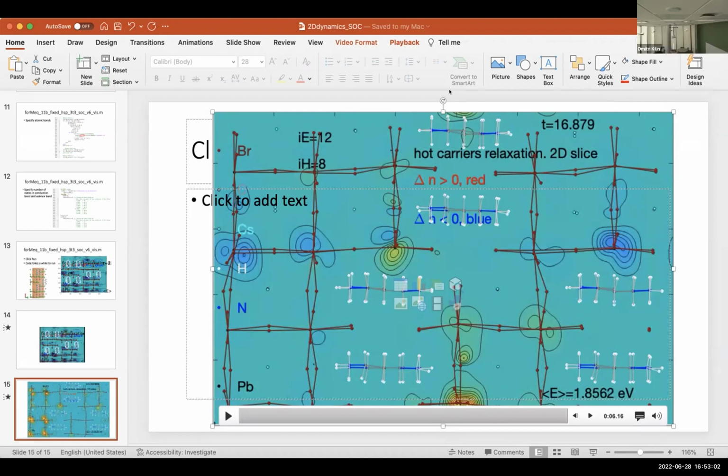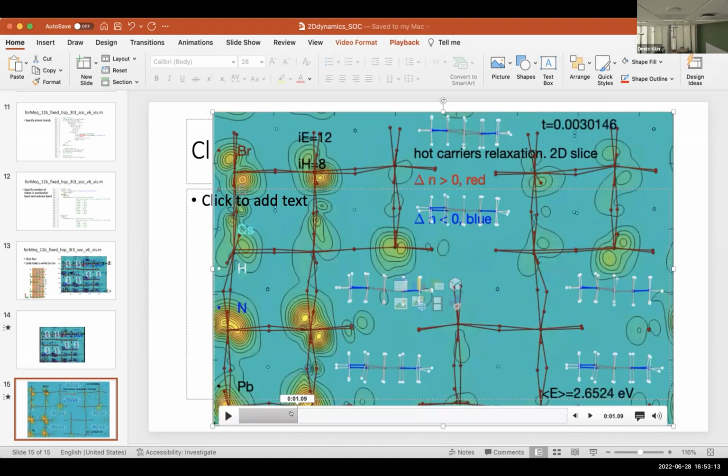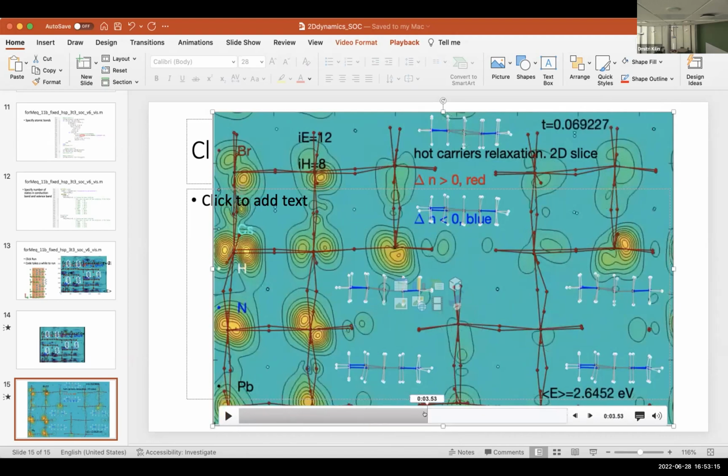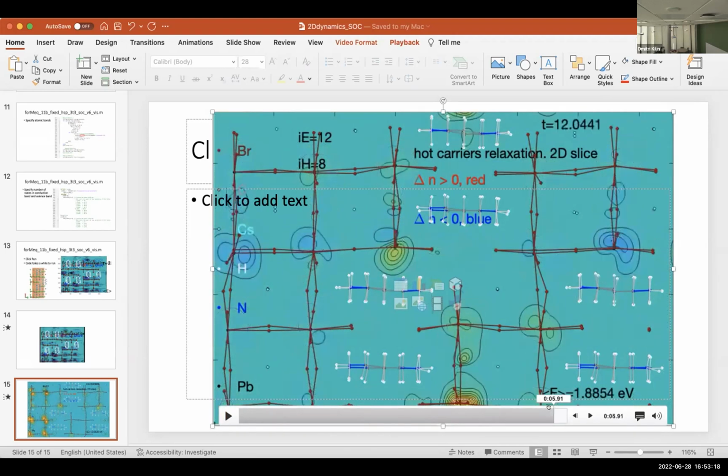If you're trying to use this specifically, you would have to use a series of frames, like this frame, and then this, then this, then this. If you wanted to do this in a paper, you would probably have to do a series of frames instead of a video. That was the main result from it.